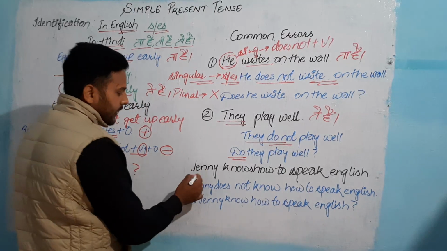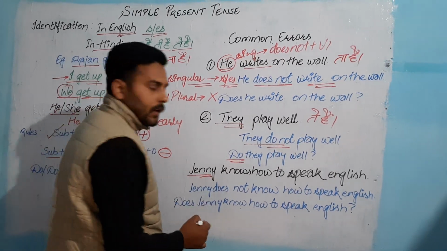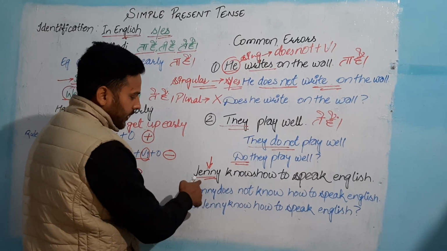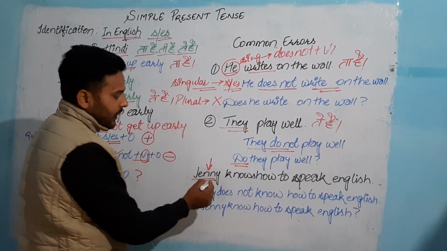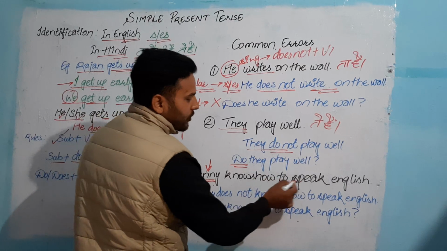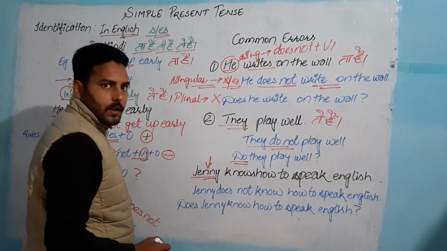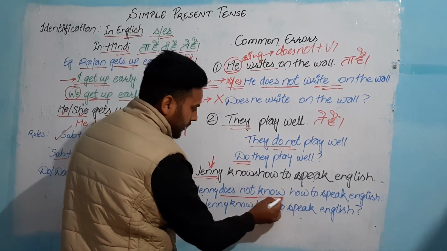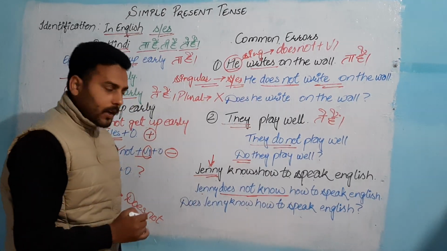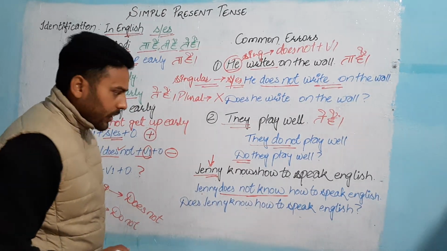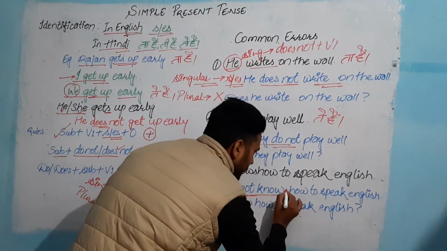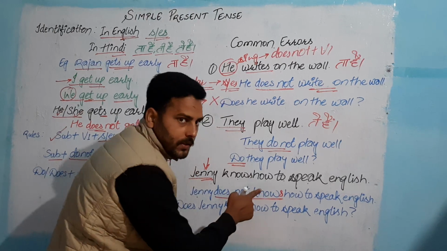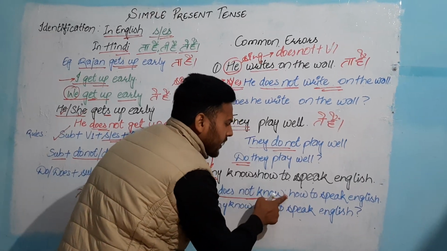Now last one is again with a singular subject. I have given a person's name. You can say, Jenny knows how to speak English. So its negative is Jenny does not know. If I write here Jenny does not knows, your sentence will be incorrect.